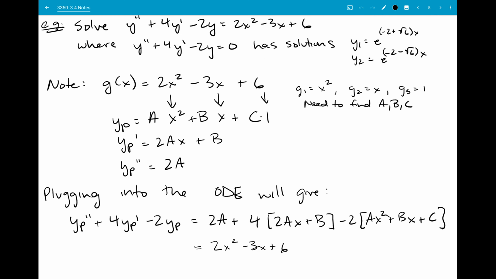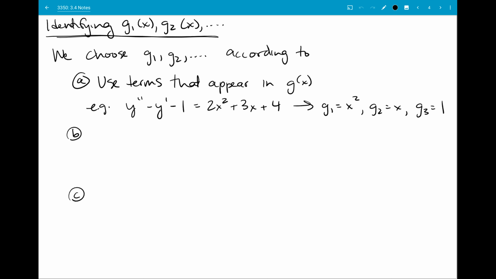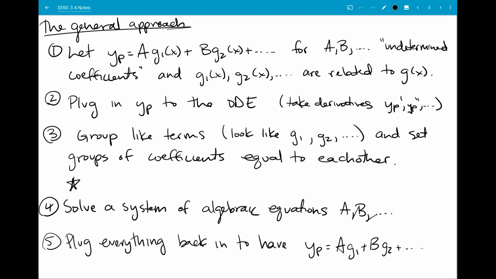All right, now that we've gotten our first example out of the way and you have more of a feeling for how this method works, let's go back and fill in that one sentence of why we group like terms together. I told you it's because we want our equation to be true for all x.